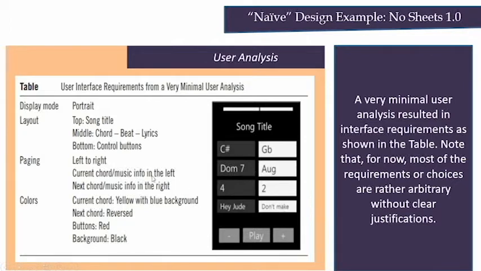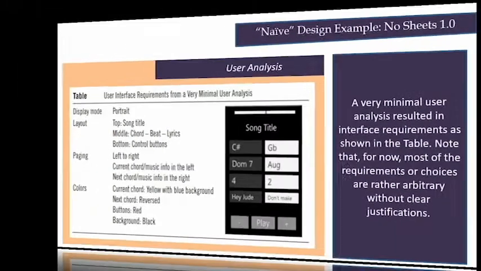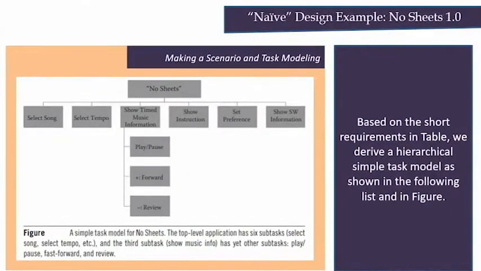This table shows the user interface requirements for a very minimal user analysis. It considers human factors such as color, brightness, the font used, the paging, and the design, all for the user requirements. That is how the user analysis is done.